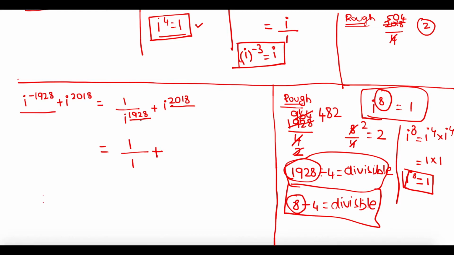Now you got 2018, right? I can write 2018 as 2016 plus 2. So this 2016, I got the remainder, right? See, I'm computing with the remainder. I got the remainder as 2. So if I'm subtracting 2 from 2018, I'm getting 2016. So 2016 plus 2 is equal to 2018.